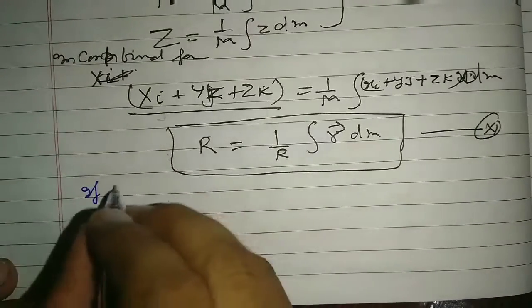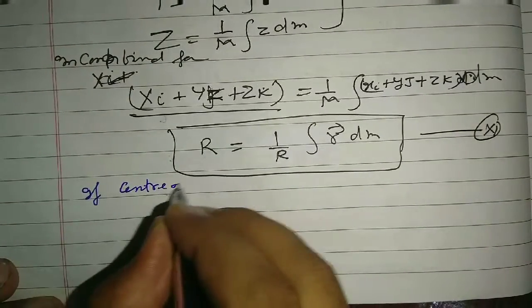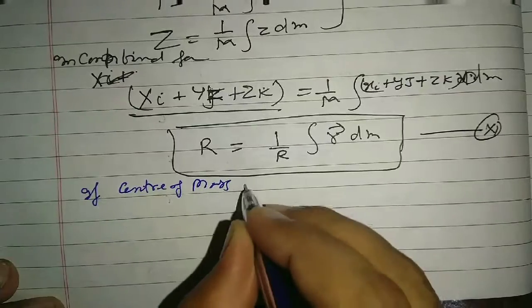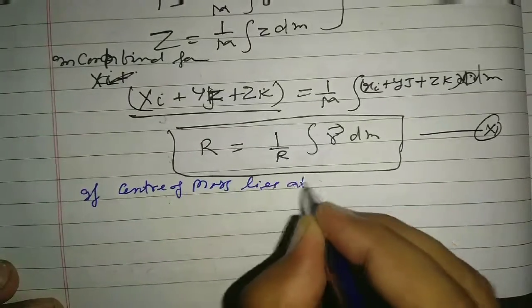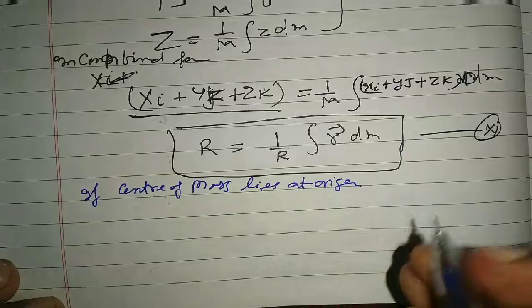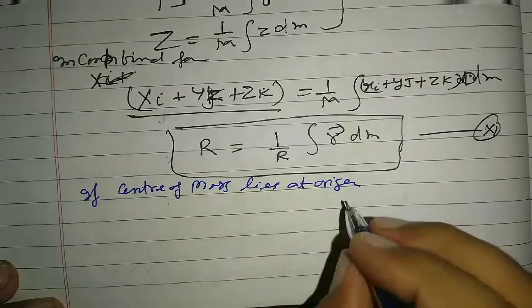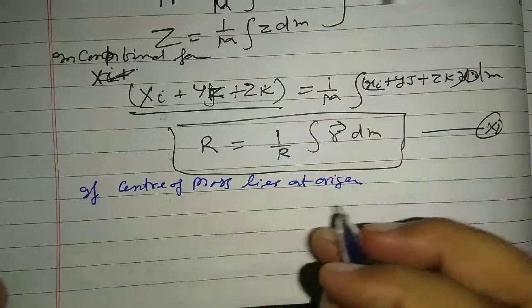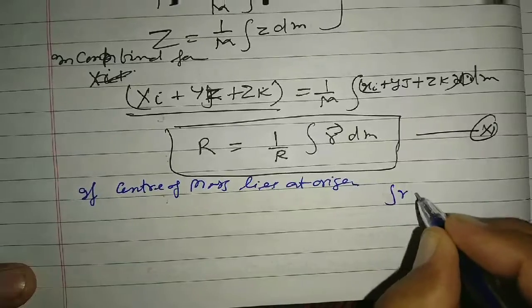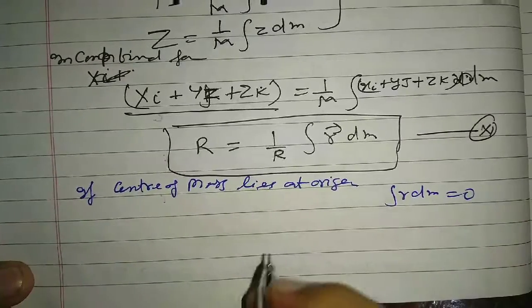If the center of mass lies at the origin, right? In that condition, we may write integral r dm is equal to 0.